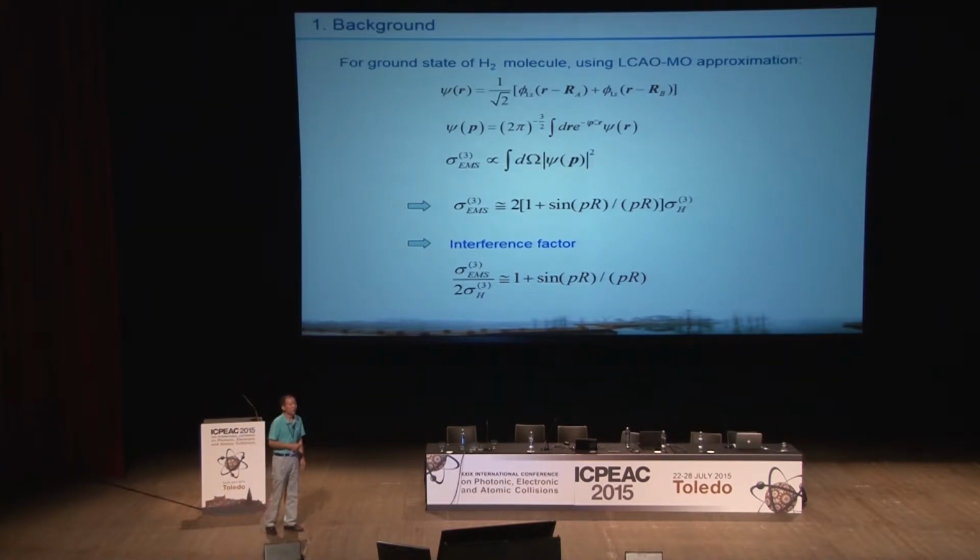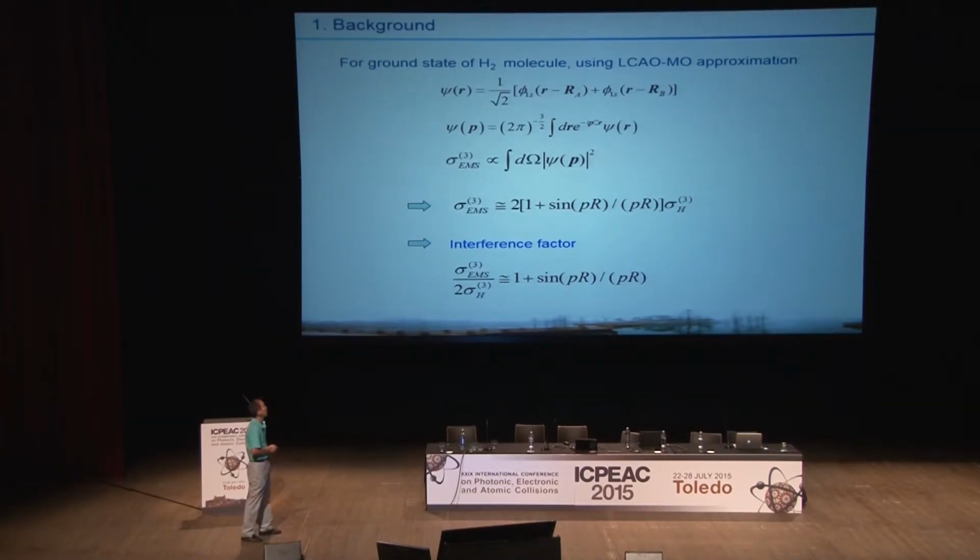For the H2 molecule, we can use the LCAO approximation to get the wave function like this, and the cross section can be expressed with this formula. Therefore, we can get that the cross section for the molecule is related to this factor and the cross section for the atomic cross section.